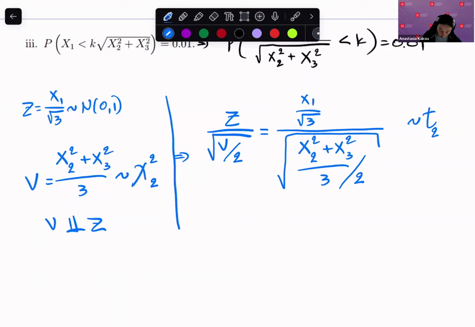Okay, so this has a t-distribution. How does this simplify? Well, that square root of 3 with that square root of 3 cancel out.